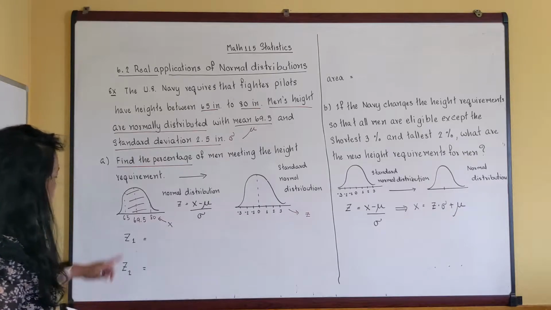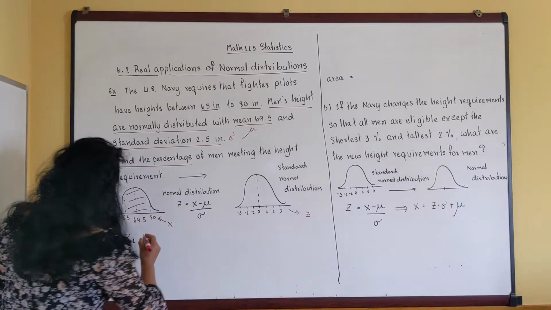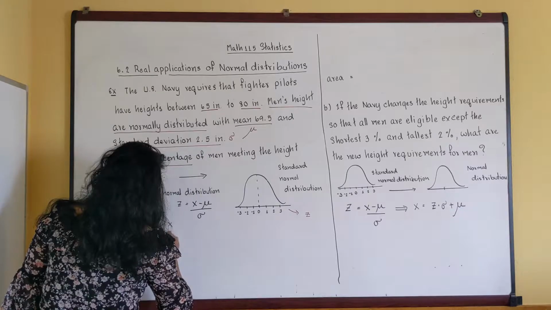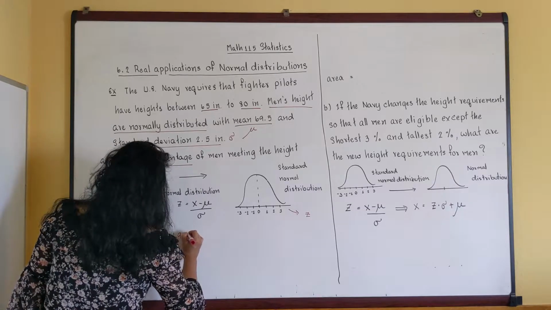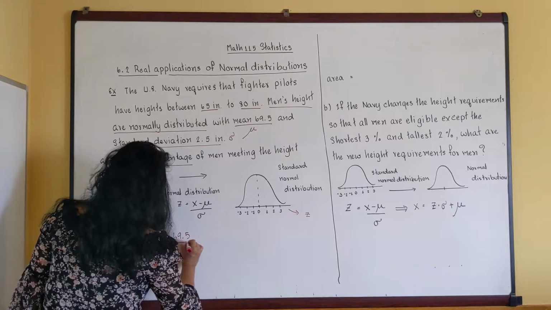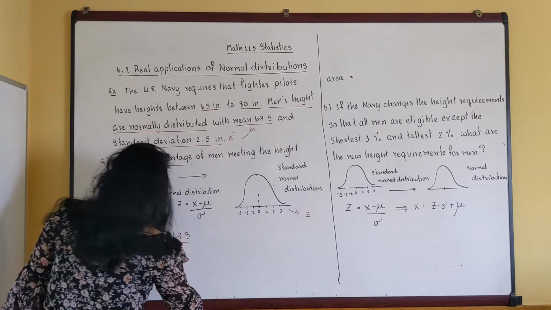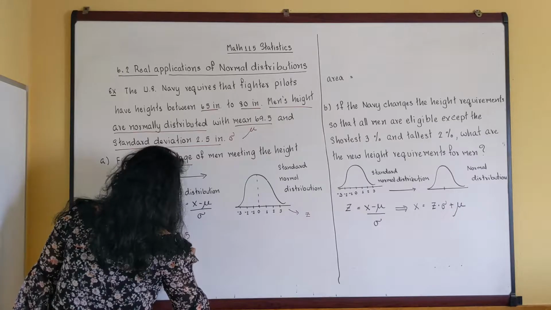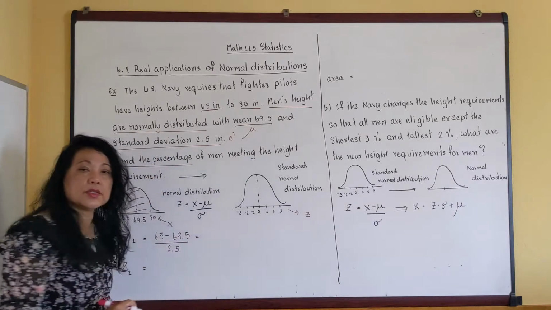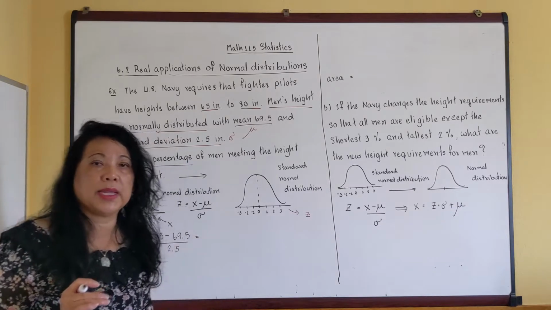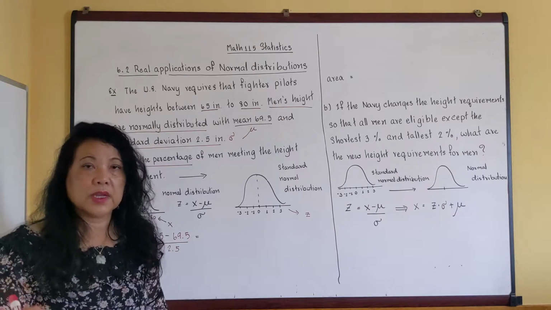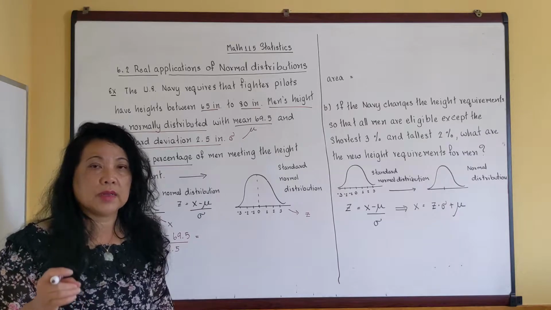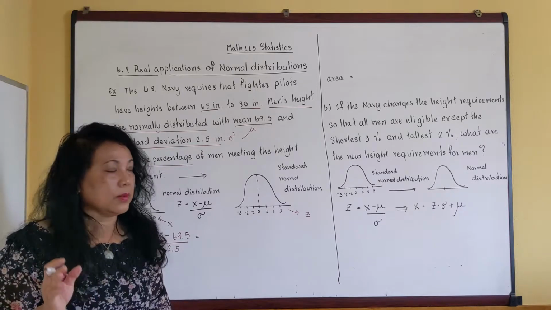Let's do the 65 first. 65 minus 69.5 divided by the standard deviation, 2.5. When you calculate this, you want three decimal places and use the third one: if it's 5 or above, you round up the second one; if it's 4 or below, you just leave it.